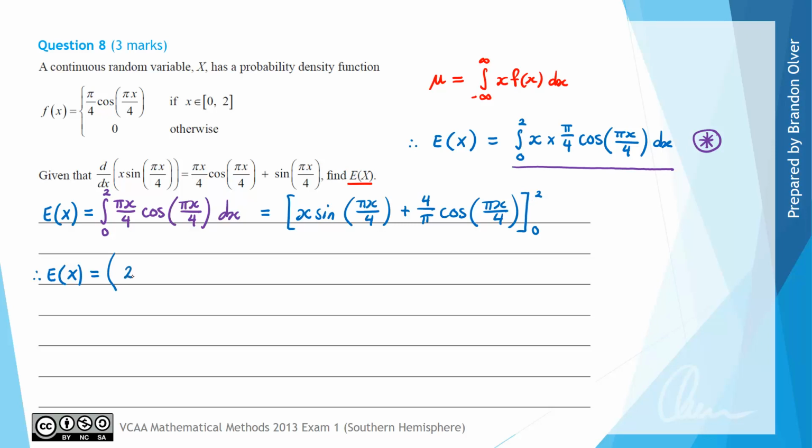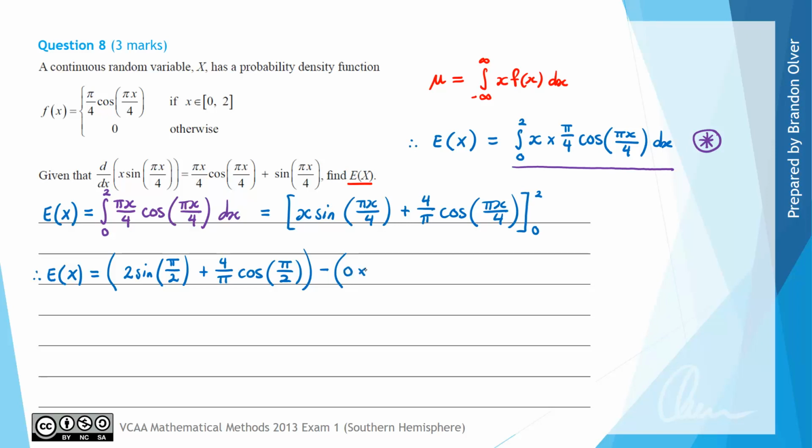So we'll get 2 times sine of 2 pi over 4, which is the same as just pi over 2 when we simplify, plus 4 over pi times cos, and it will also simplify to pi over 2 when we sub x is 2 into that, and then we're going to subtract away when 0 is substituted into the antiderivative.